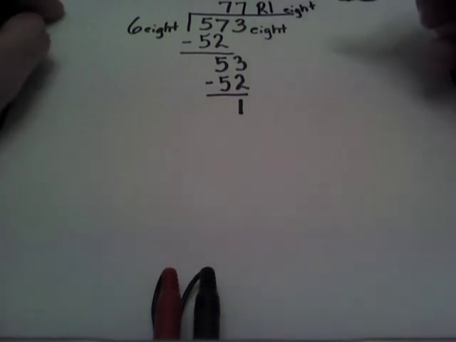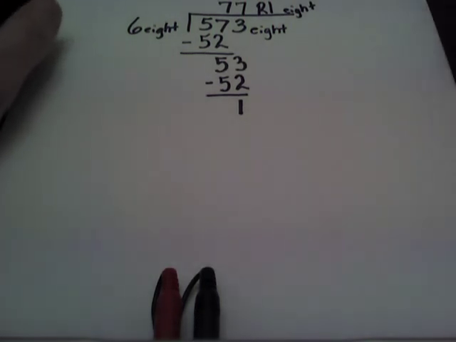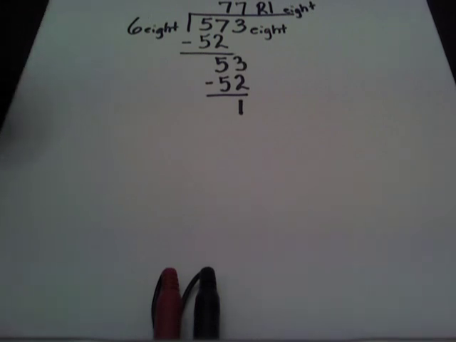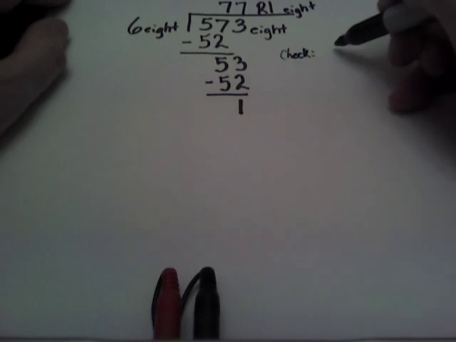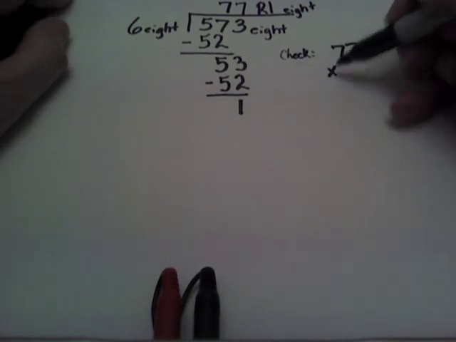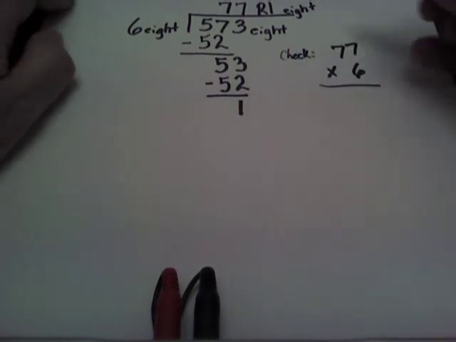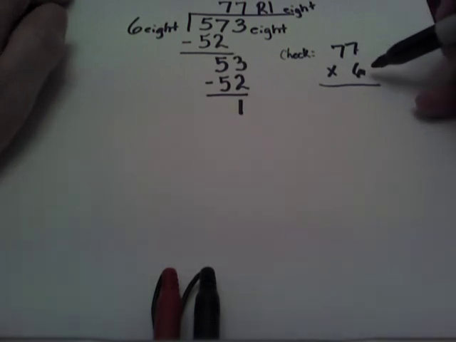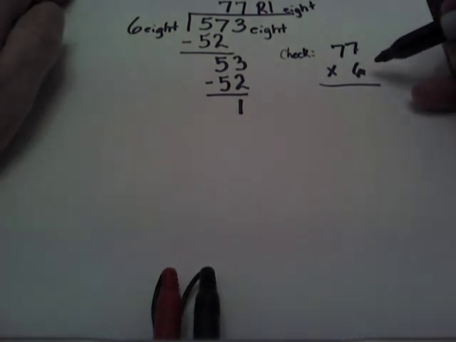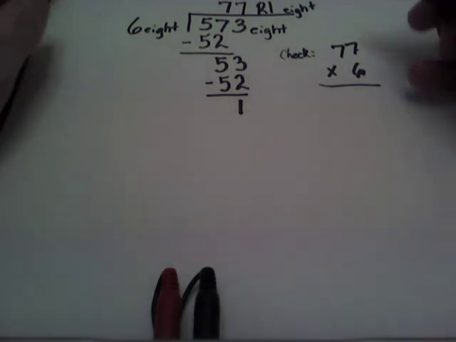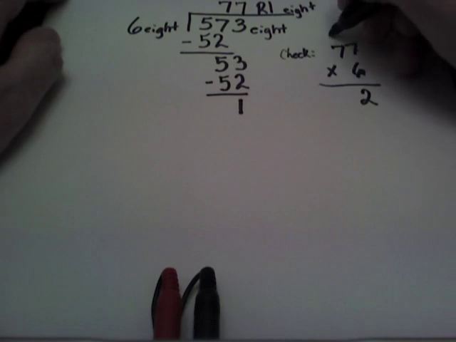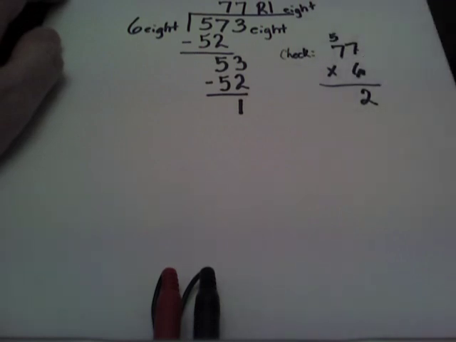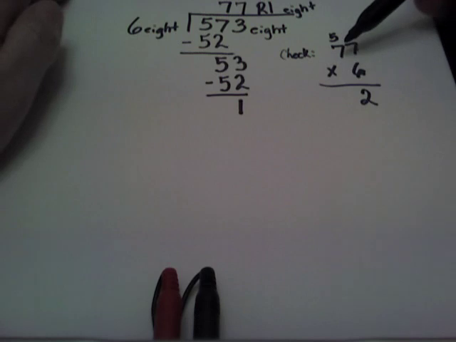Now one thing that you can always do to make sure you have these correct, just like with base 10, to check division, we could multiply. So as a check, what I could do is to take 77 and multiply it by 6 in base 8. We know that 7 times 6 in base 8 from our chart turned out to be 52, so I'll record the 2 and I will carry the 5. 7 times 6 again is 52.